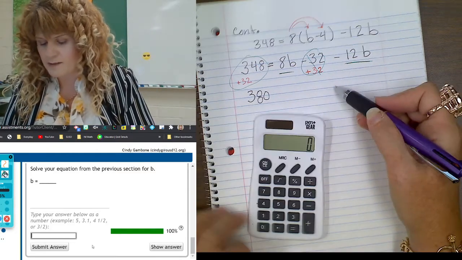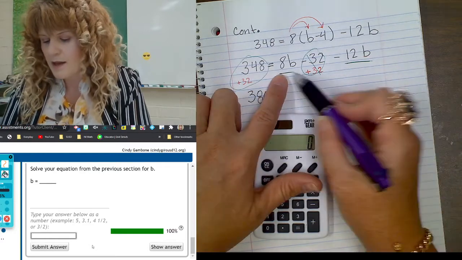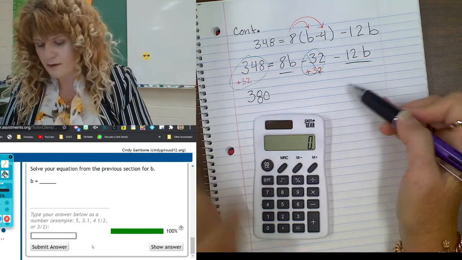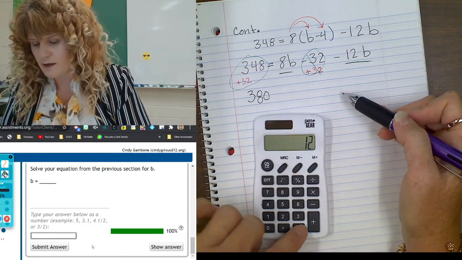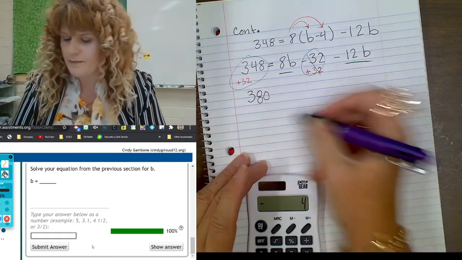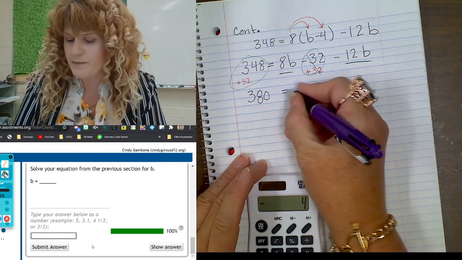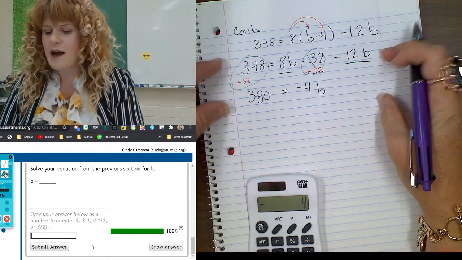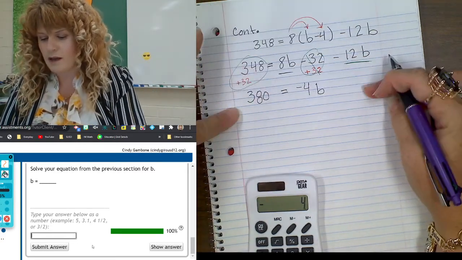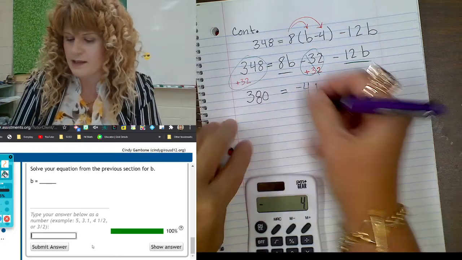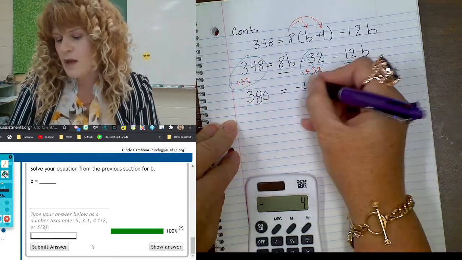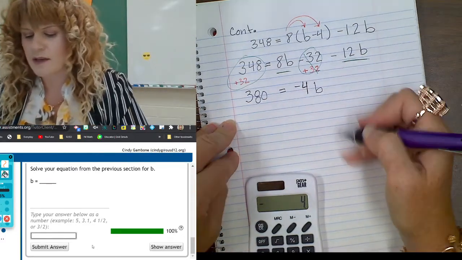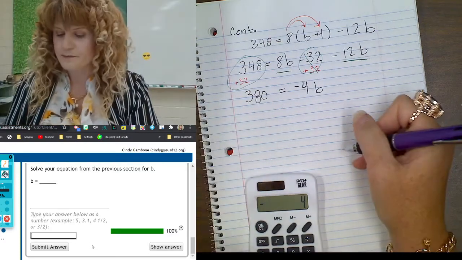I'm going to use my calculator. It's also 8 minus 12. 8 minus 12 equals negative 4. So I get negative 4b. Do you see how all in one line, in one step, I combined like terms? When you get better and better at solving equations, you can do it like that.